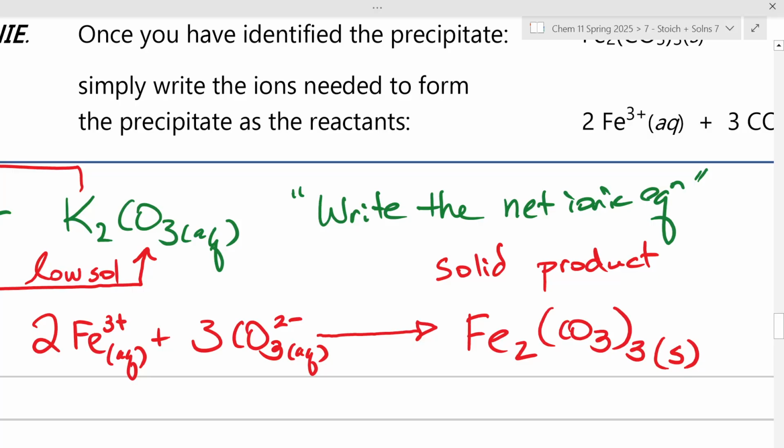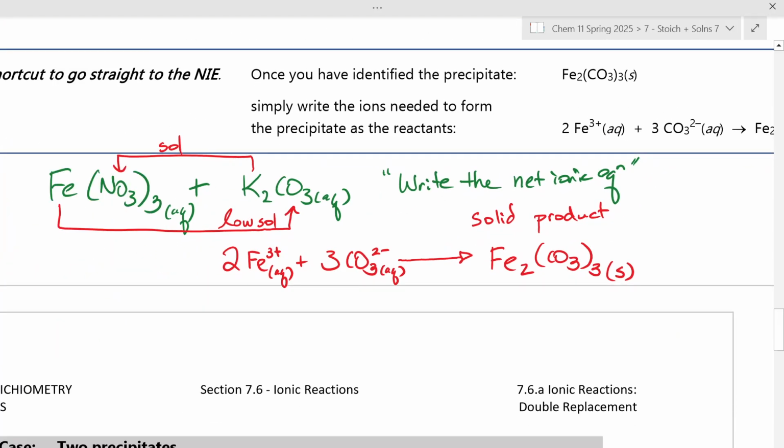There's your net ionic equation. That's a little cheat if you are asked to write the net ionic equation and you don't want to go through the whole thing. But on your test coming up on Monday, you will be asked to write the complete ionic equation and the net ionic equation and identify the spectator ions. So you don't have to worry about that shortcut.